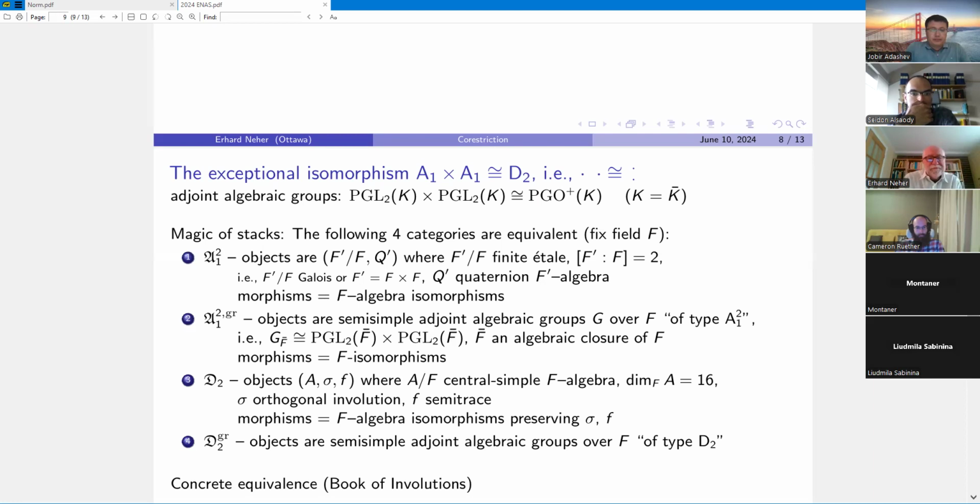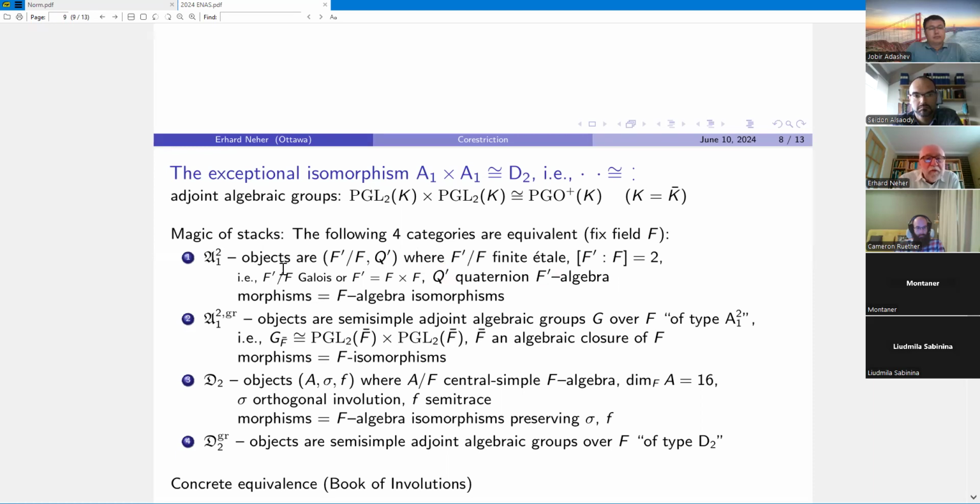Here they are, these 4 categories. So the first category is denoted A1 upper 2, and its objects are pairs consisting of a finite étale extension of degree 2, F prime over F, and a quaternion F prime algebra.